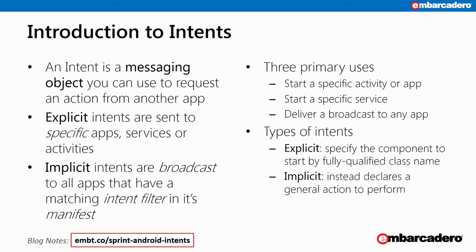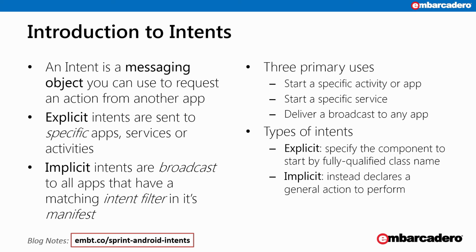The general use case is that you have an application and some functionality maybe in another application that you'd like to use. So you send some data to that application or get something from it. For example, you might have an application that has an intent that knows how to do barcode scanning.